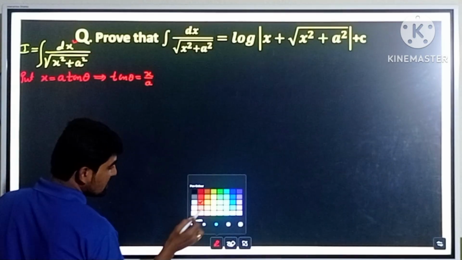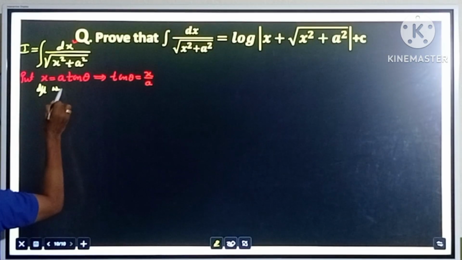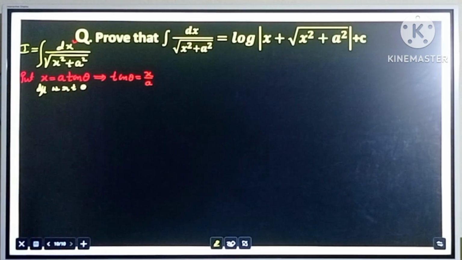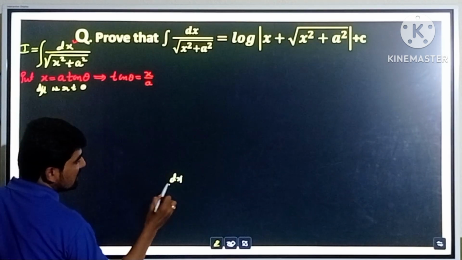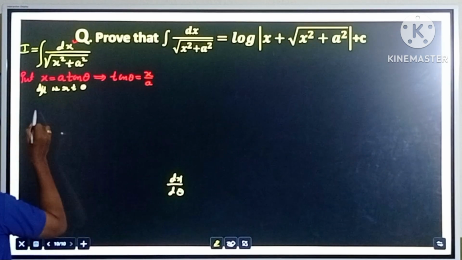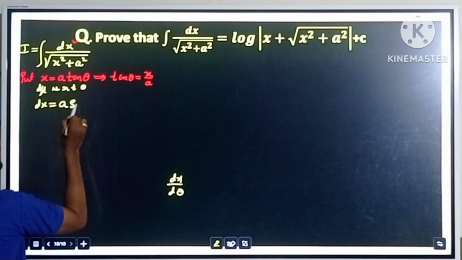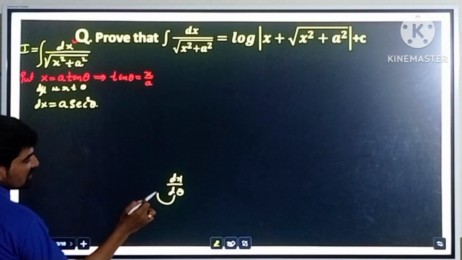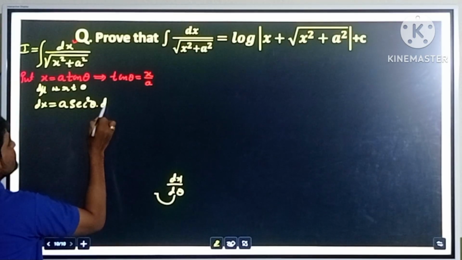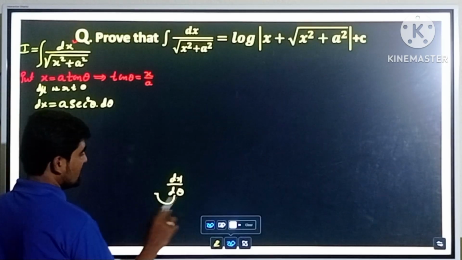Therefore, differentiate x with respect to theta. So derivative of x with respect to theta is dx by d theta. Therefore, dx is equals to a as it is, derivative of tan theta is secant square theta, dx by d theta. By cross multiplication, d theta shifted to the right side, dx is equals to a secant square theta into d theta. I hope all of you are understanding.